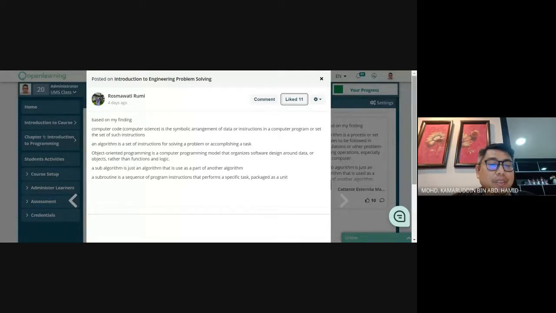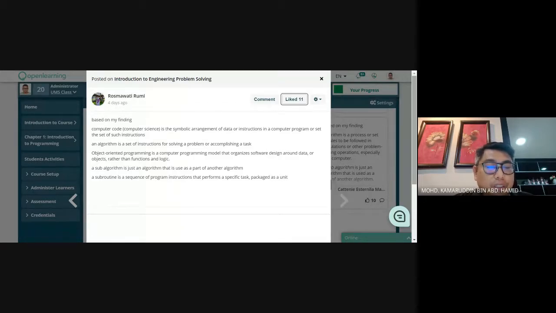Bagus. Computer code is a symbolic arrangement of data or instruction in a computer program or set of such instruction. Okay. An algorithm, on the other hand, is a set of instructions for solving problem or accomplish a task.